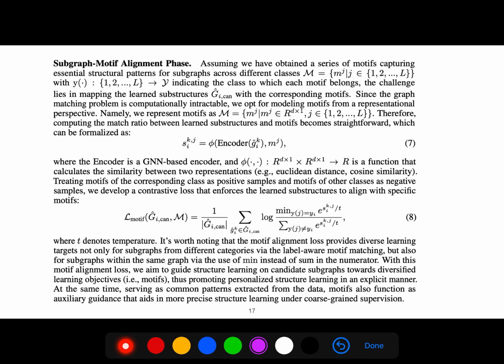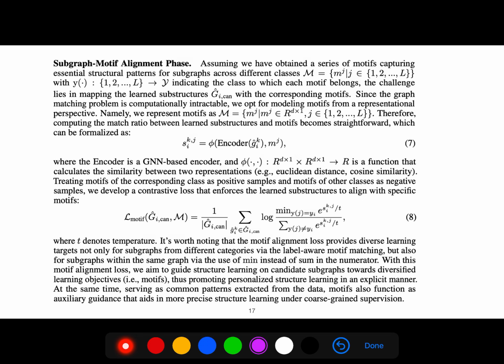Since the graph matching problem is computationally intractable, we opt for modeling motifs from a representational perspective. Namely, we represent the motif as M. Therefore, computing a match ratio between the learned substructures and motifs becomes straightforward. So this is an encoder, a GNN-based encoder. Phi is just a function that calculates similarity between two representations.